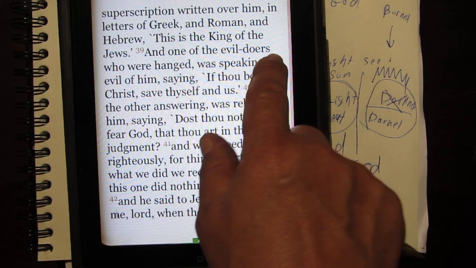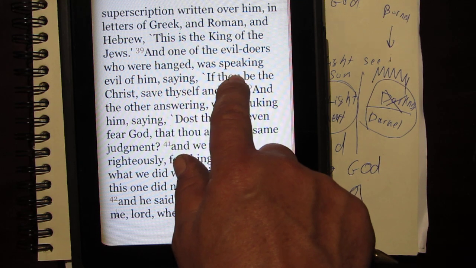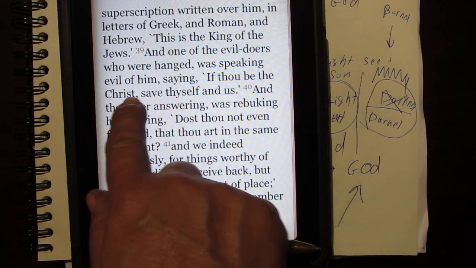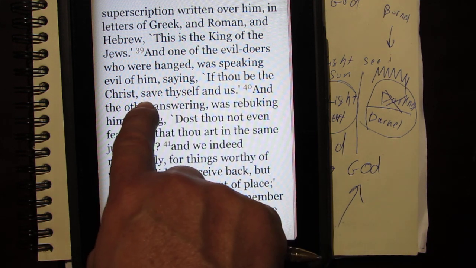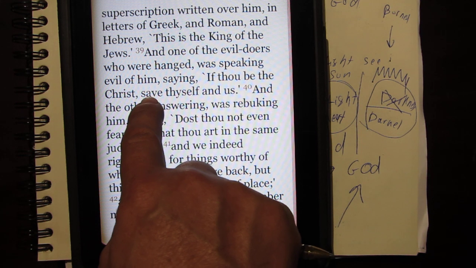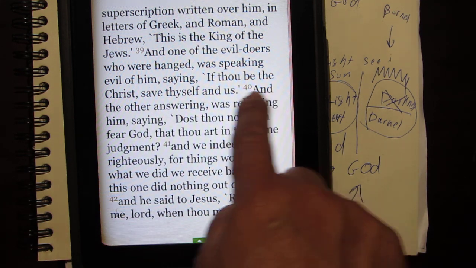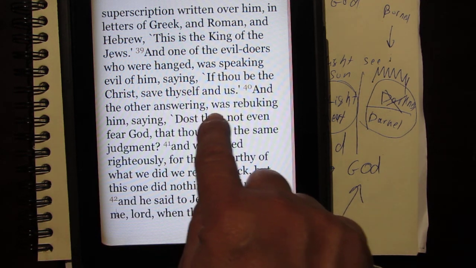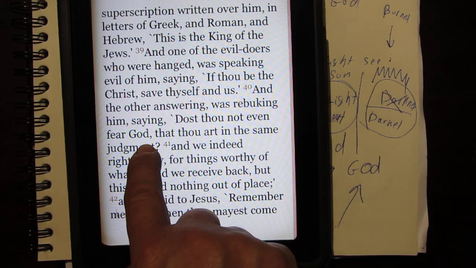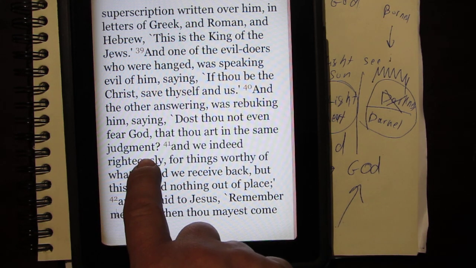23:39. And one of the evildoers who were hanged was speaking evil of him, saying, "If thou be Christ, save thyself and us." He is trying to get Jesus to care about himself. It's kind of like tempting him. And the other answering was rebuking him, saying, "Dost thou not even fear God, that thou art in the same judgment?